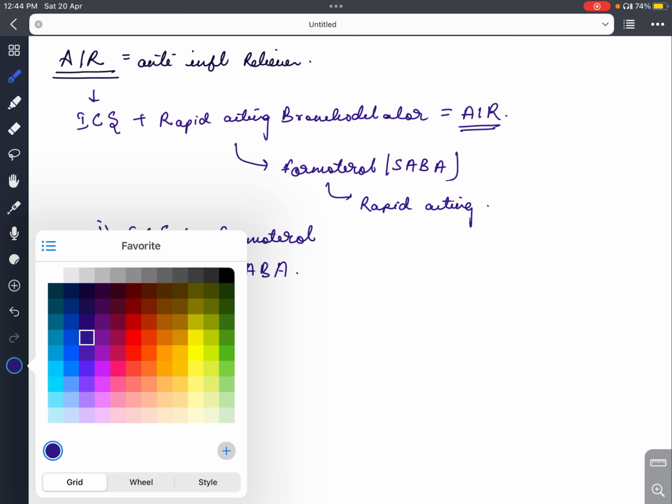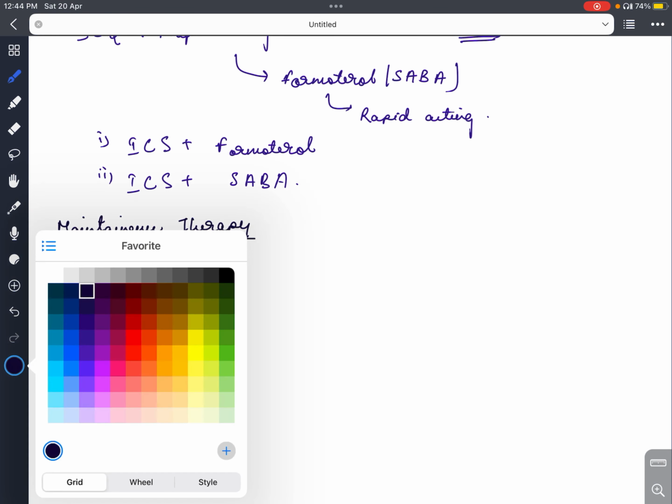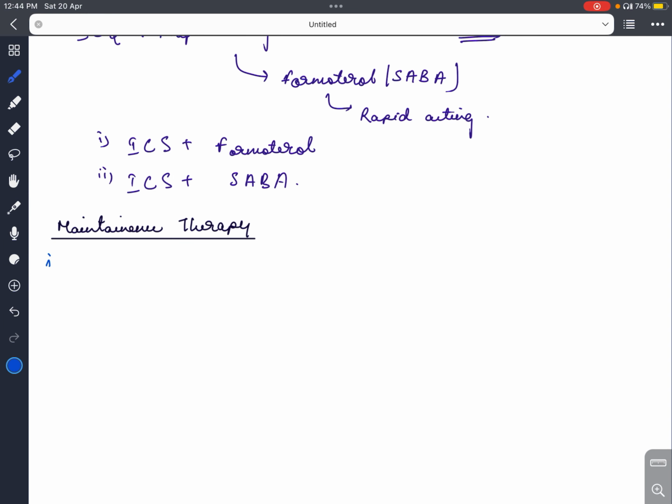Then we have another group here, which is our maintenance therapy. In the case of maintenance therapy, we can have different types of drugs. We can go for ICS, or we can have ICS plus LABA.